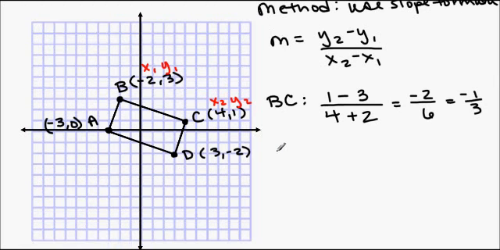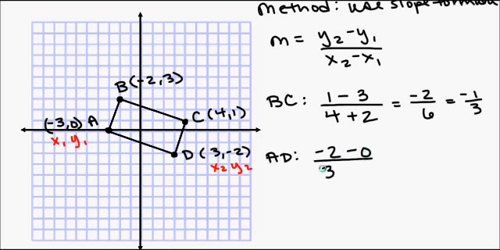Okay, now we're going to find the slope of the opposite side, because if it's not the same, then it's not a parallelogram, meaning this is definitely not a rectangle. So y2 here is -2, minus y1 is 0, over x2 is 3, minus x1 is -3, minus negative plus positive. -2 minus 0 is -2. 3 plus 3 is 6.